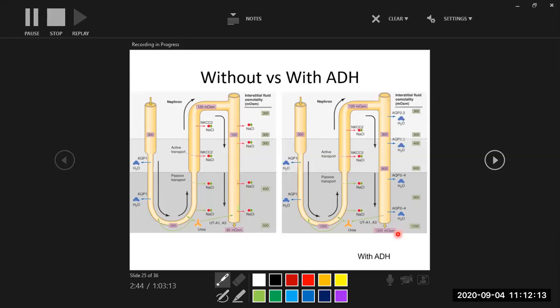Basically, the concentration is there to still be able to dissolve all these metabolic waste products and remove them from our body. So that's the function of ADH, to open the aquaporin channel to reabsorb water. So that's the water portion.